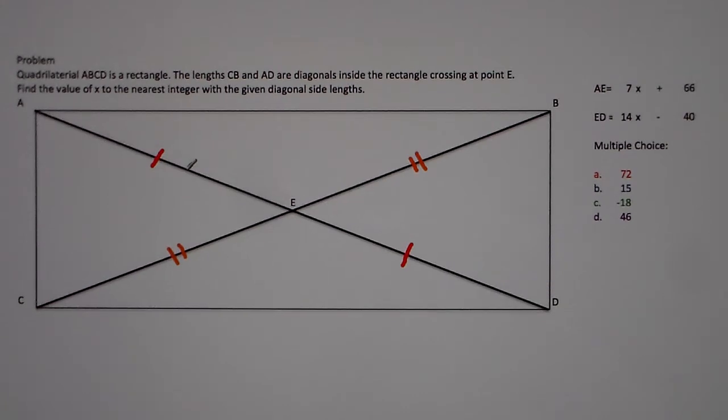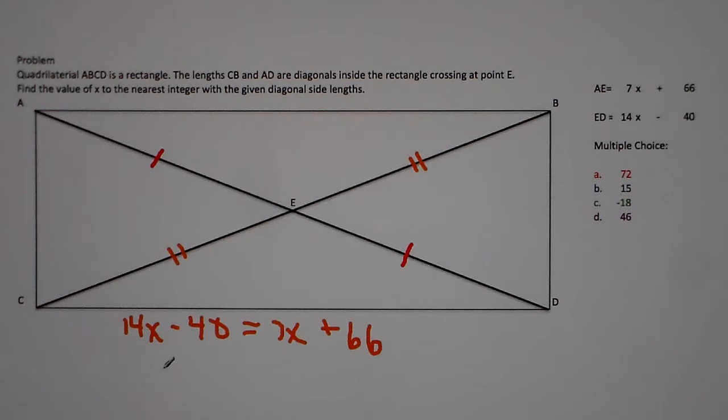You could see that AE and ED are the same length, so all we have to do is set them equal to each other. So it's going to be 14x minus 40 is equal to 7x plus 66.